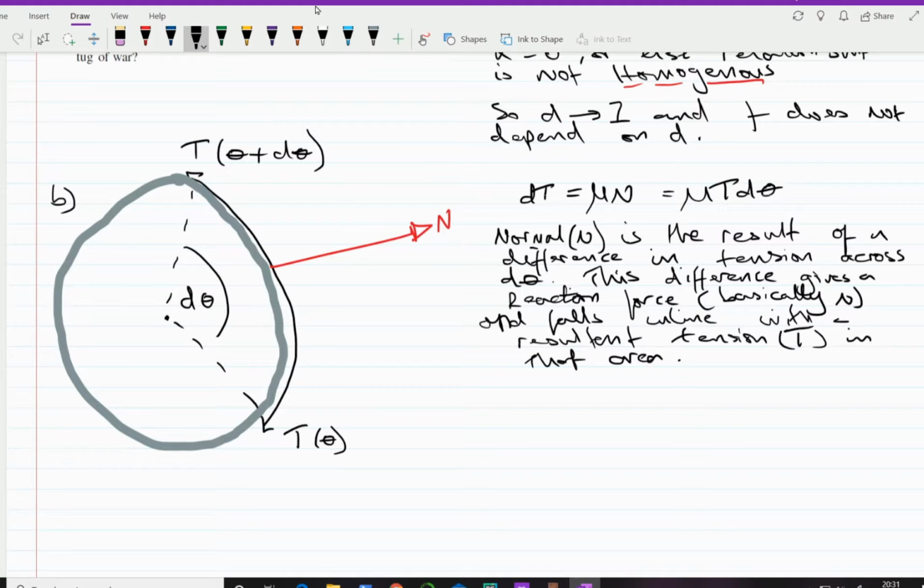The next few lines are me solving this differential expression using integration to find a solution which will have T equal to some function of the angle around the cylinder.